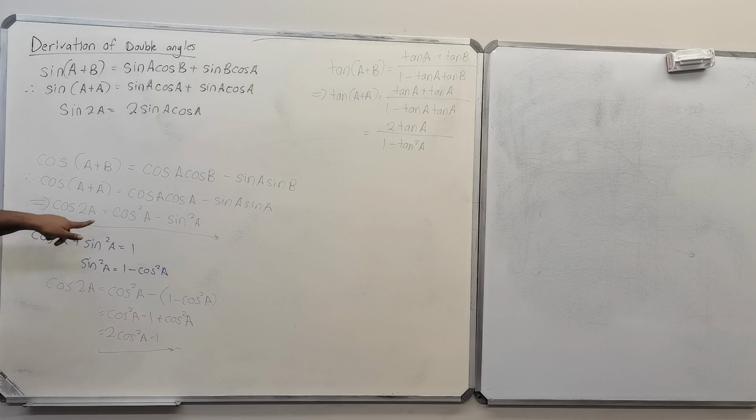If I say sine of (A minus A), that cancels itself out. Same thing over here: if I say cos of (A minus A), it's going to become cos of 0, same angle, which is 1.